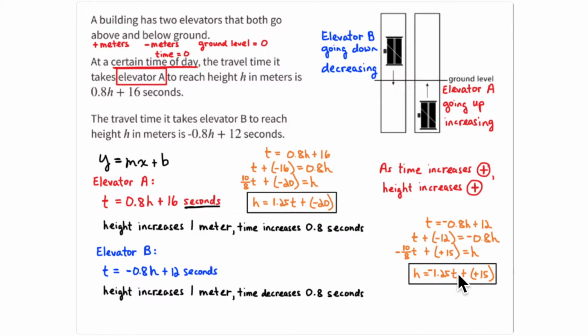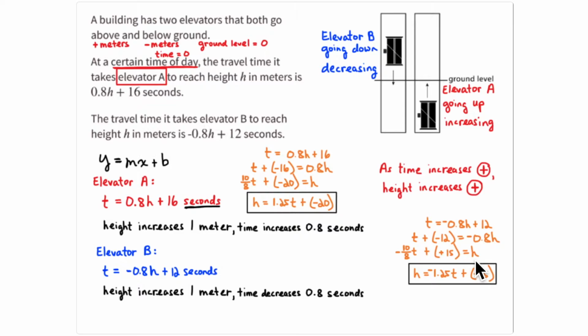But notice what happens if you rearrange the equation for elevator B. As time increases, this term gets more and more negative, so it's a larger magnitude of negative values. This term is getting more and more negative as time moves forward, and you're adding a more and more negative value to a positive 15.